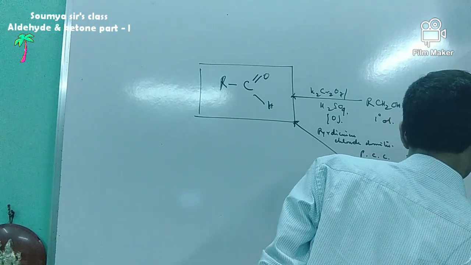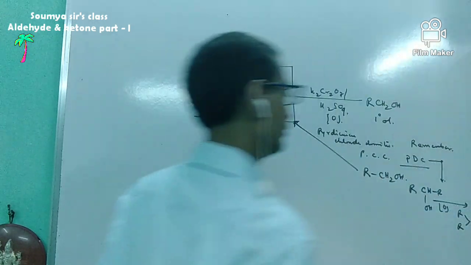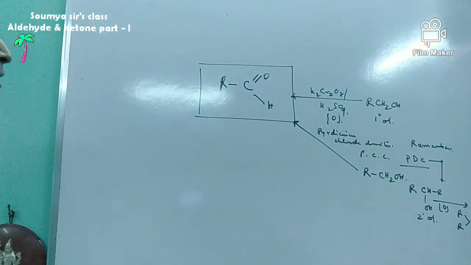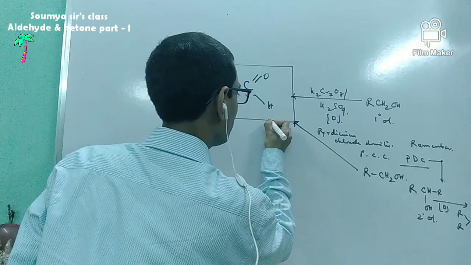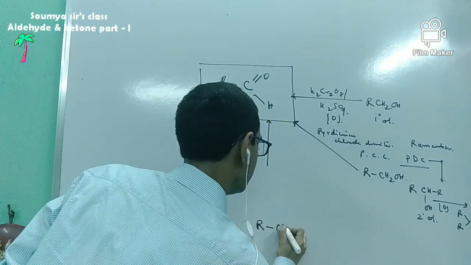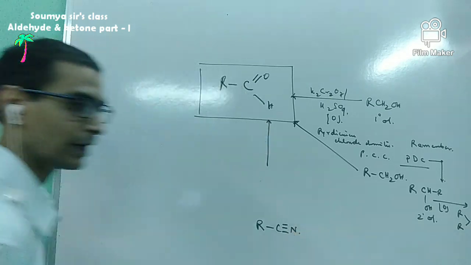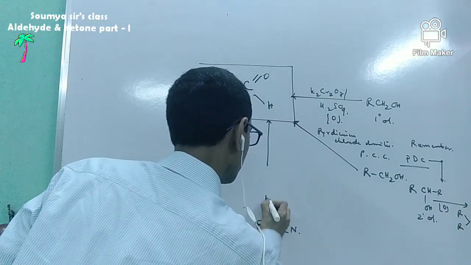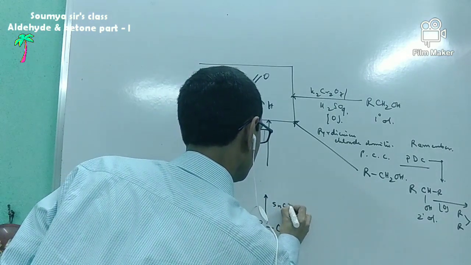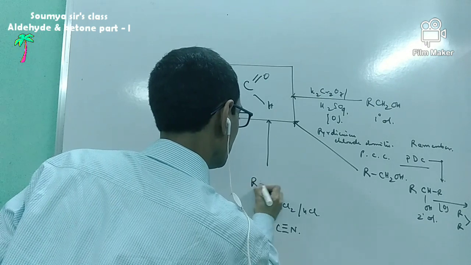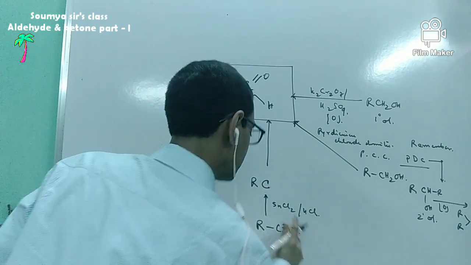Now we have some other methods here, like the cyanide. Here the cyanide at first is reduced by SnCl2 and HCl. The triple bond will reduce to RCH=NH, which is an imine structure.